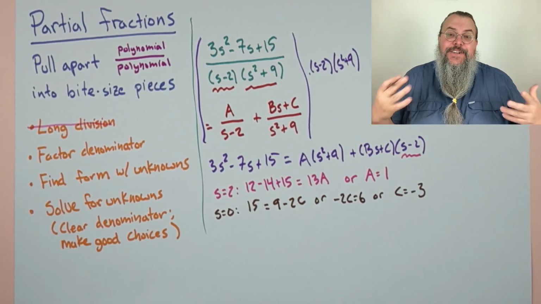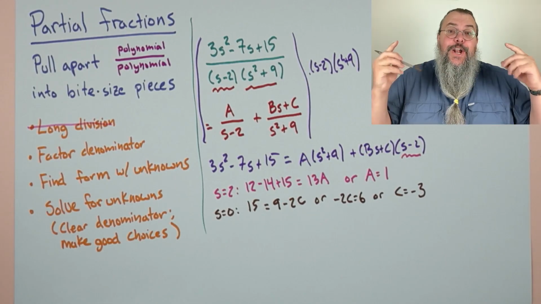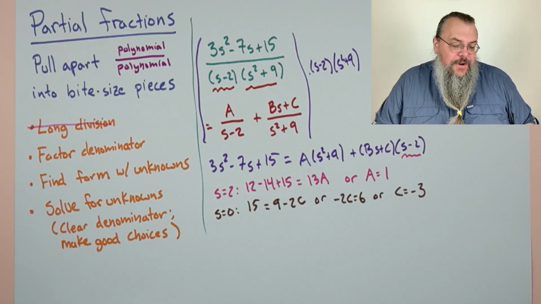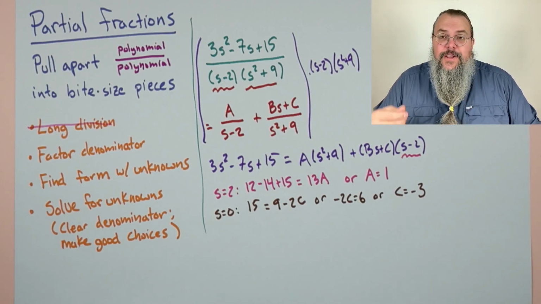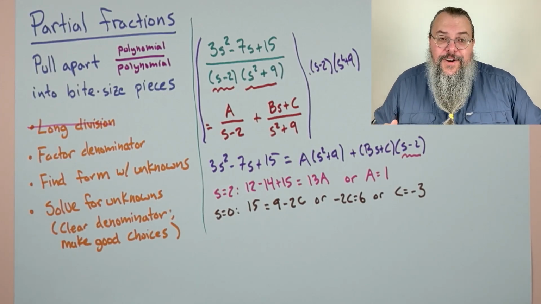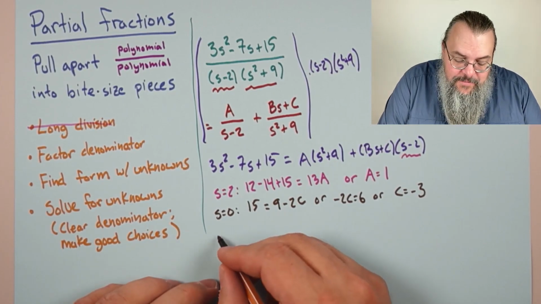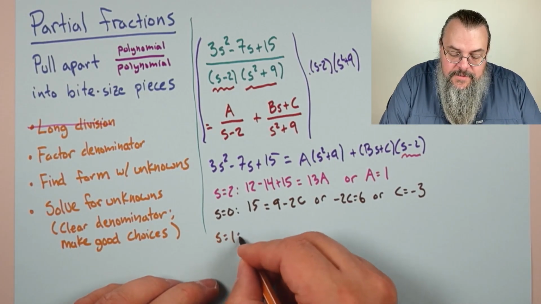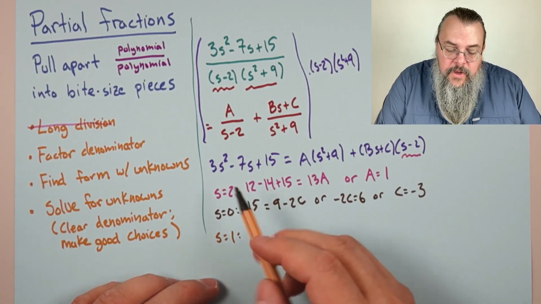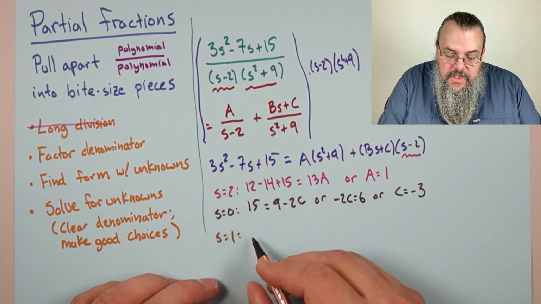Is there any other choice that makes things disappear? No. So what do we have to do? We only have one last one to solve, so let's just pick anything. Since I can pick anything, I can pick 1. So s equals 1. Well, that's 3 minus 7 plus 15.